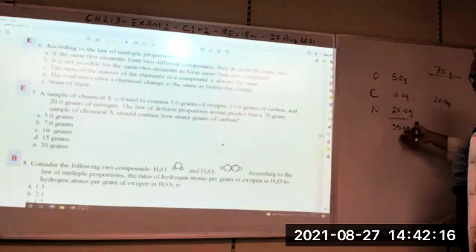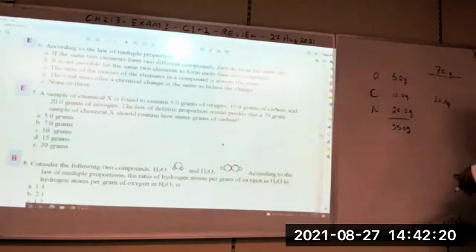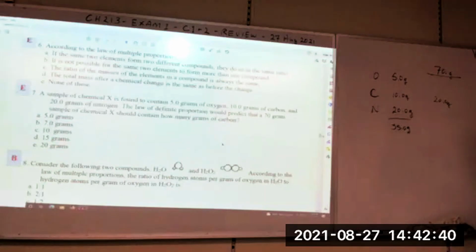Oh, line up the decimals, 35, 70. All right. So we're not paying close attention to our significant figures in this calculation. So the rule here is pick the best answer. And the best answer is 20 grams. Okay.